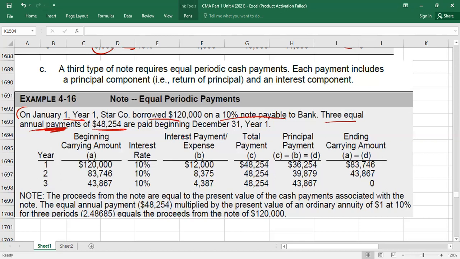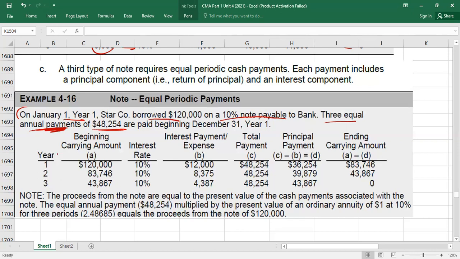Obviously, it is not principal, because if it were principal, the total loan is 120 and principal should be 40, 40, 40 equal. But it is 48,000 something. Obviously, it includes interest. Here you need to find out how much principal you are paying with every installment.